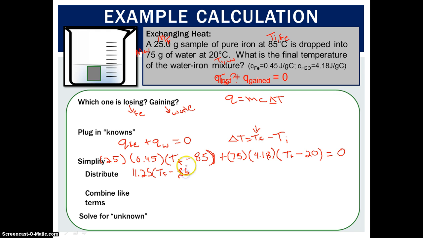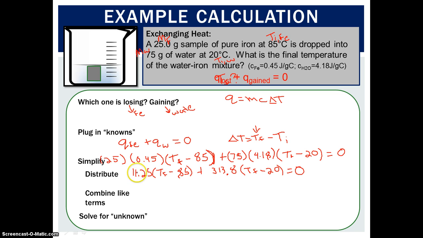Times 85. And then plus 75 times 4.18 is 313.8. And then keep everything in parentheses still. We're going to distribute in our next step. Equals 0.